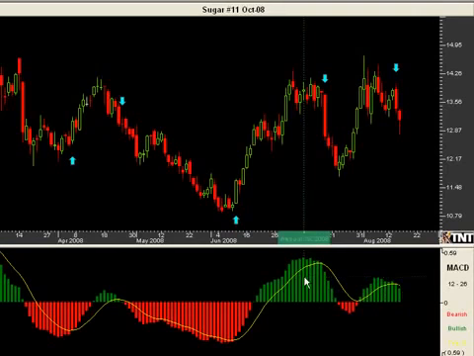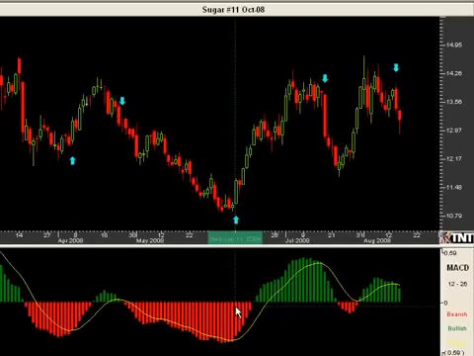You will see that with MACD, there's two different ways of viewing it. You can view it as a histogram, which is what we have here, or you can see it as a line chart as well.